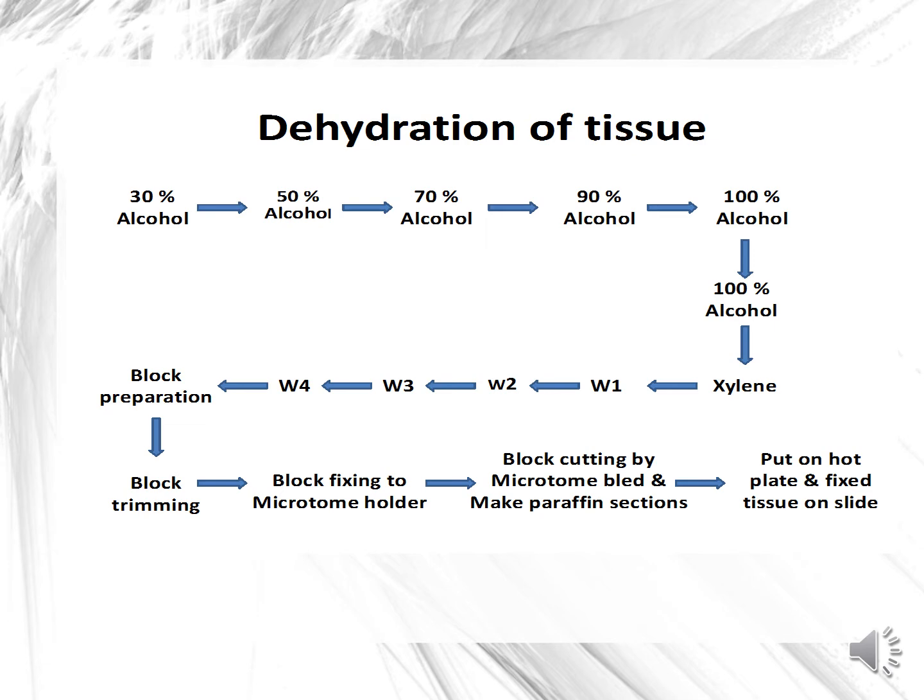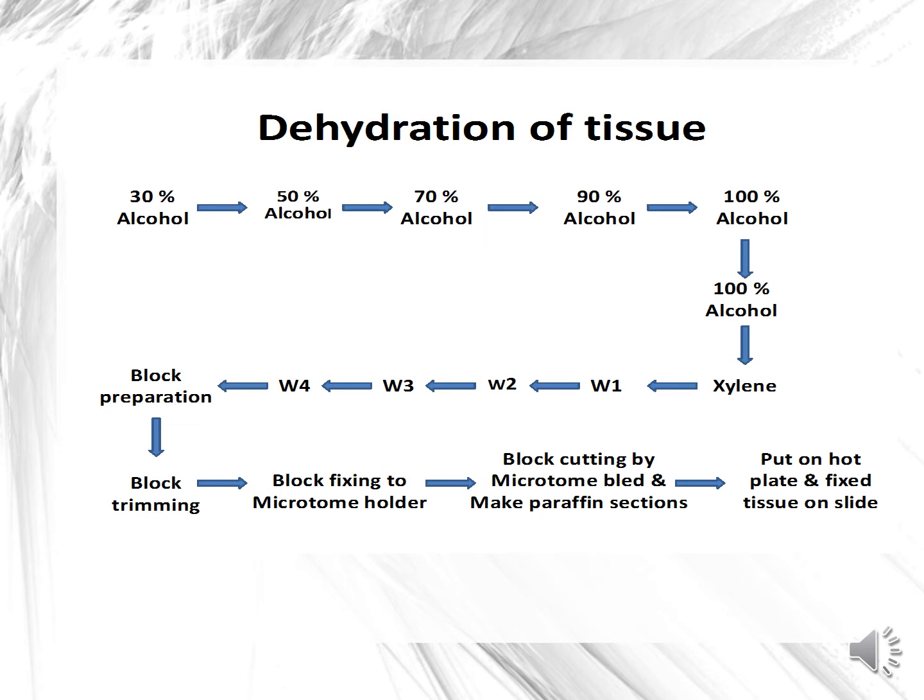Then it goes to 50%, 70% alcohol, then 90%. Duration is the same, between 30 minutes to 2 hours, depending upon the thickness of tissue. Then 100% alcohol, with 2 changes. Then xylene for clearing the tissue.